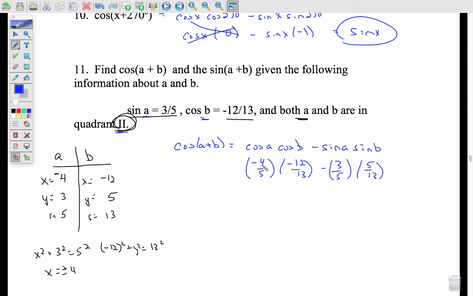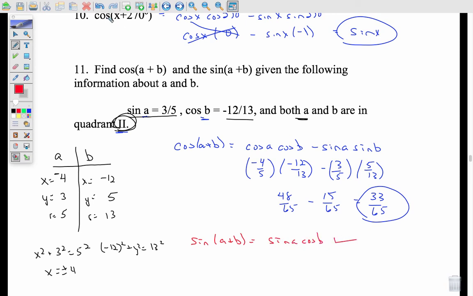The sine of angle A is 3/5, y over r, and the sine of angle B is 5/13, or y over r as well. Okay, so multiplying here, I get 48/65 minus 15/65, or 33/65. So there's our cosine of A plus B.